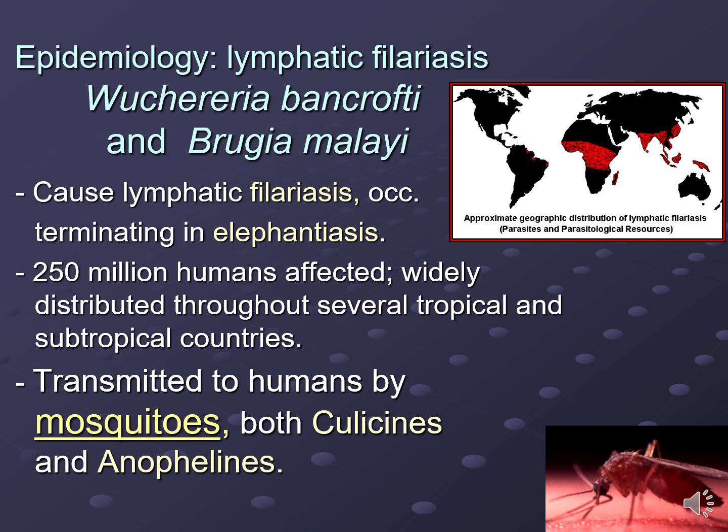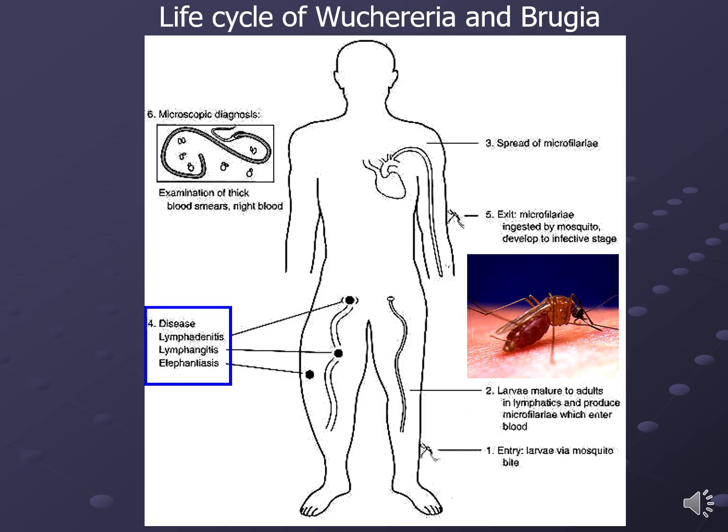And you know that mosquitoes usually go for a blood meal from humans or from animals for that matter. Mosquitoes are most active at night, and this is the time when they come to bite us. And those mosquitoes can transmit the larvae of these worms into the susceptible humans.